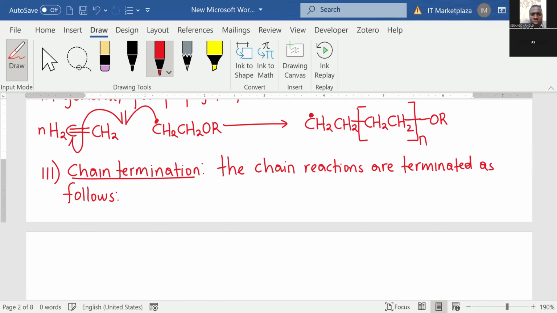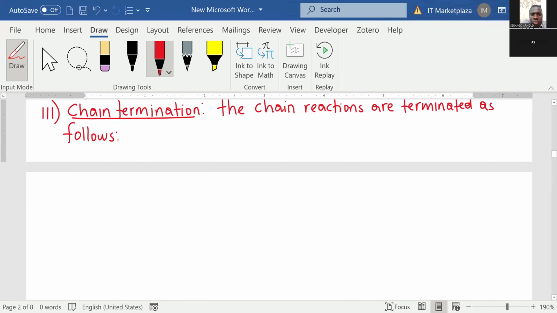The chain reactions are terminated as follows. How? It is either way terminated as follows.